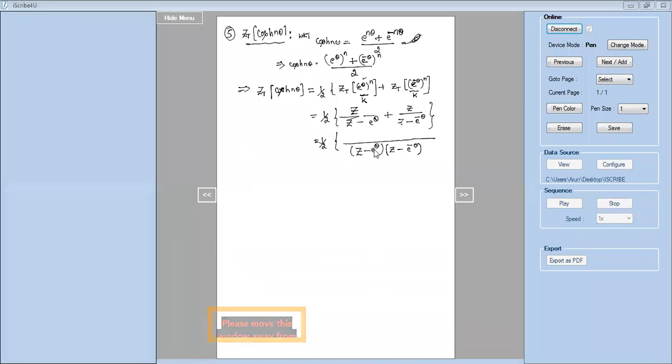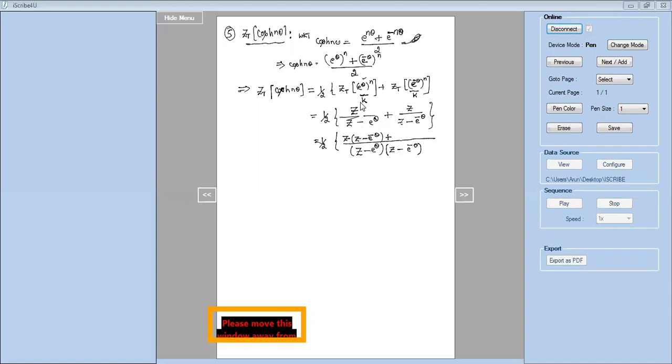Just cross multiply. It is z into z minus e^(-θ), plus the second term, a cross multiplication of this into this.